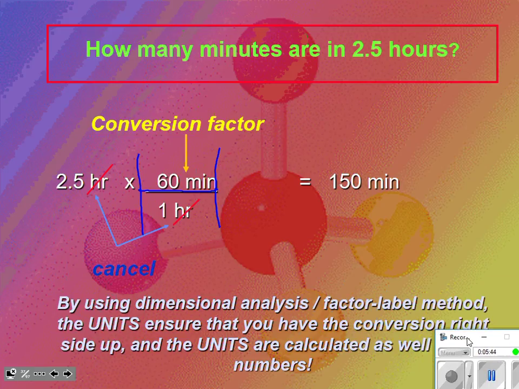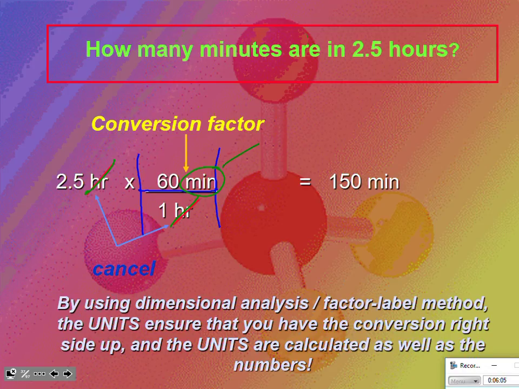Now, as I look at this, I want my hours to cancel. So that means that I'm going to put the hour on the bottom so that those two labels cancel out. What label does it leave me with? Minutes. Then all I have to do is multiplication or division. If it is in the numerator, I multiply it. If it's in the denominator, I divide it.